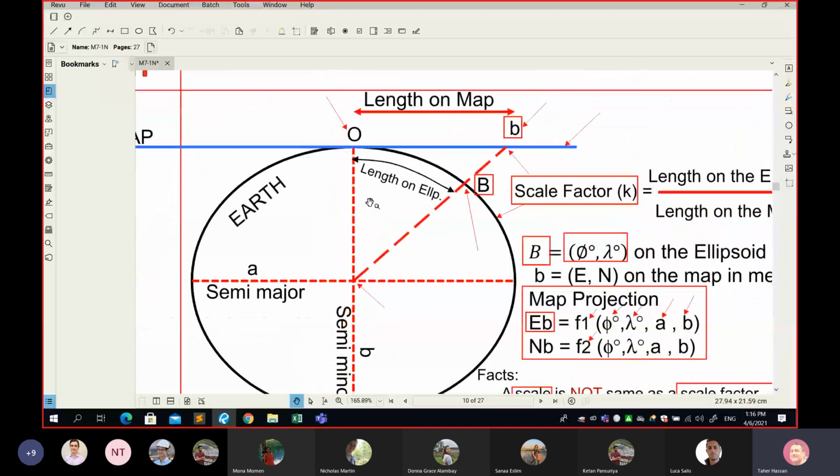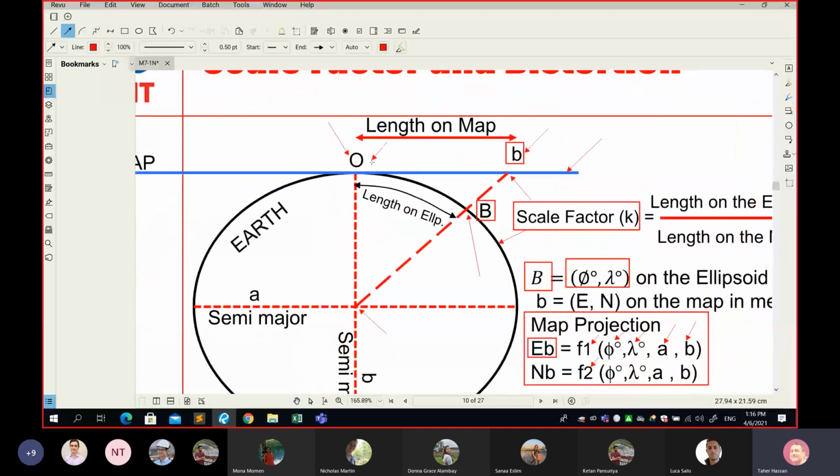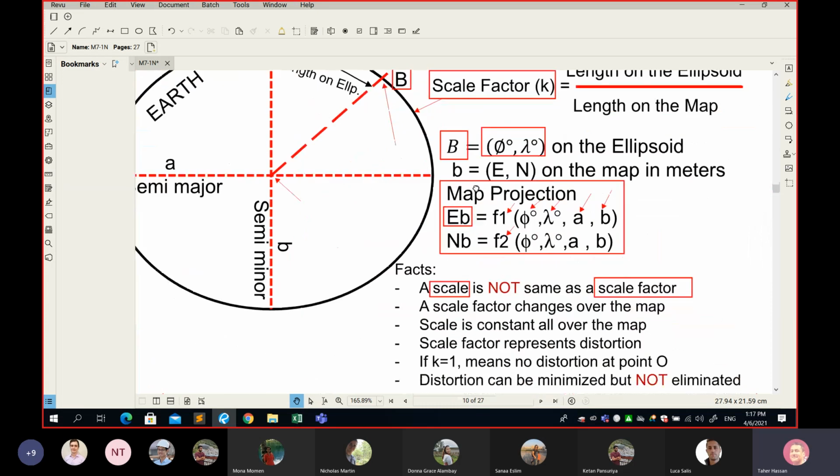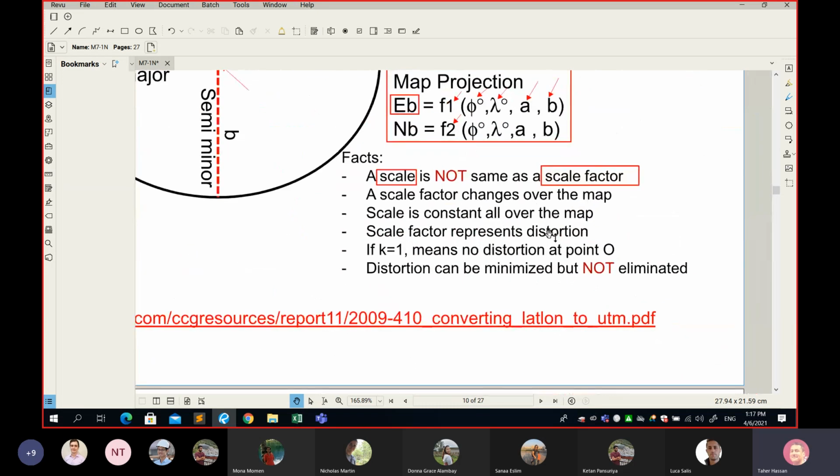What is the scale factor at 0,0? If we take two points very close to the North Pole, do we have any distortion around the North Pole? No. How about as we go away from the North Pole, close to the equator? The distortion will increase, and that's why K changes, while the scale itself is constant.